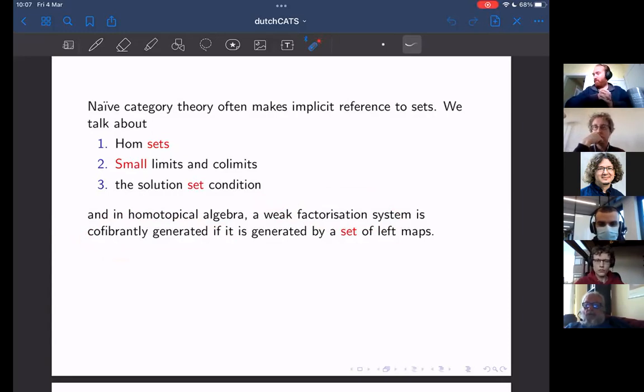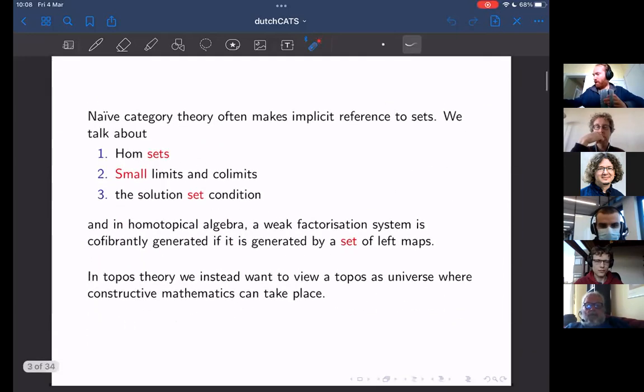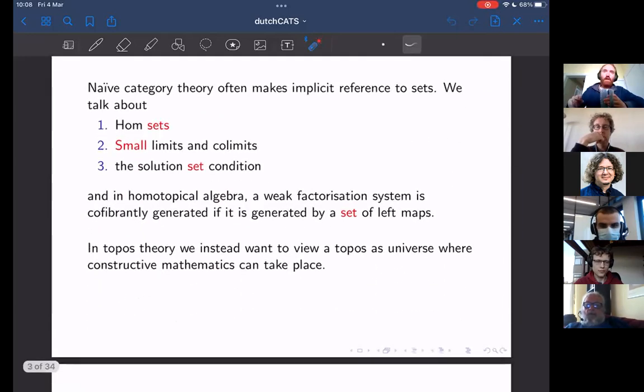A weak factorization system is cofibrantly generated if it's generated by a set of, I'm not going to define this, but it's generated by a set of left maps, if you like. So one of the reasons why people study fibrations, and why I study fibrations, is to break this dependence on set theory.